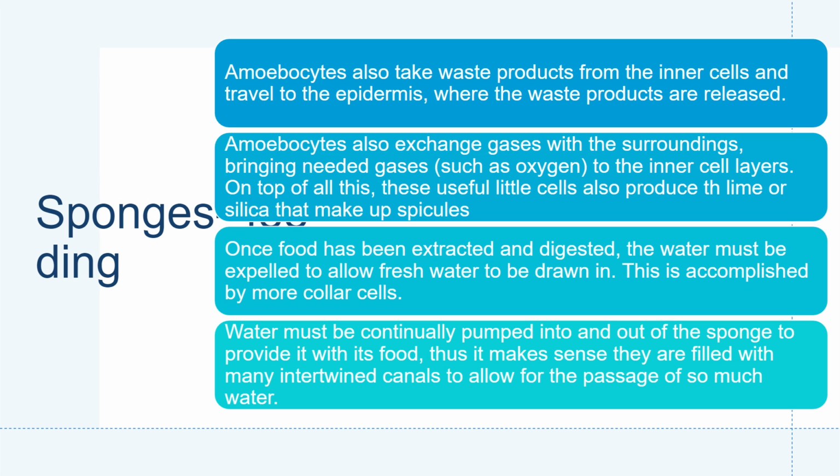They can also help generate organization for the spicules that make up the bodies of some sponges. Once the food, however, has been extracted and digested, which is the primary function of the amoebocytes, water is expelled out the top or out the osculum, and then more is brought in. So sponges are very good filter feeders.